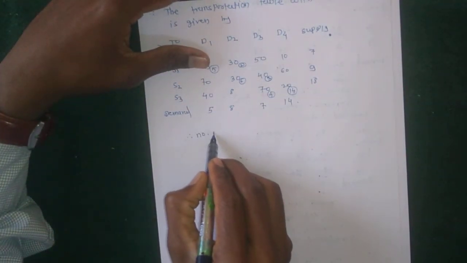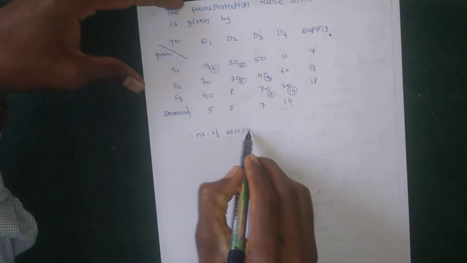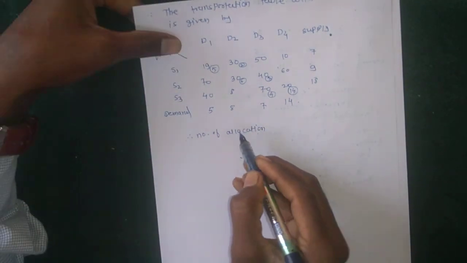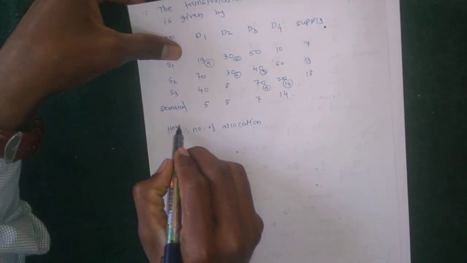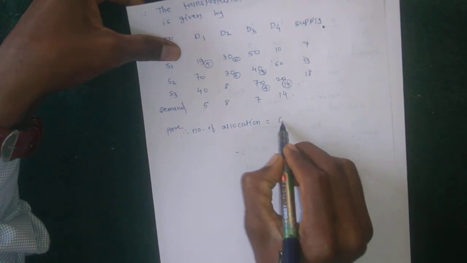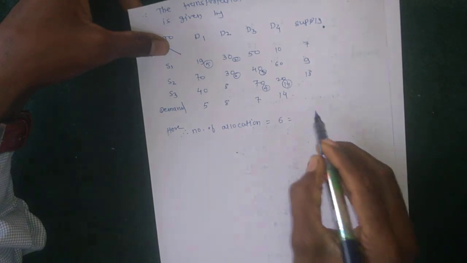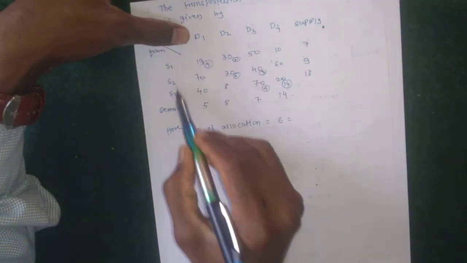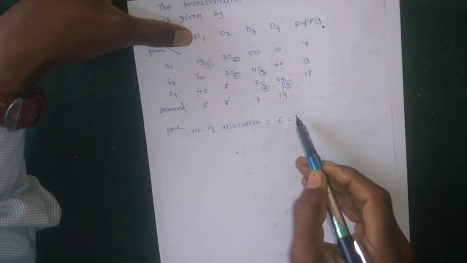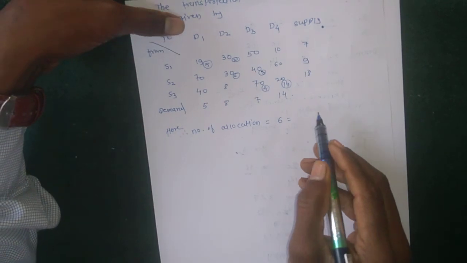Therefore the number of allocations is equal to 6, the number of rows is 3 and the number of columns is 4.